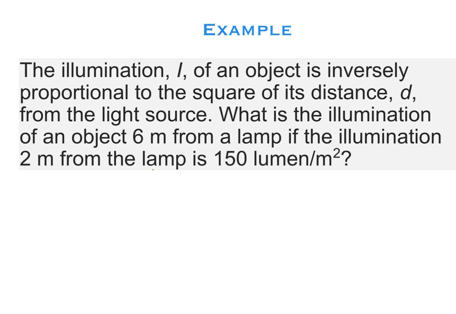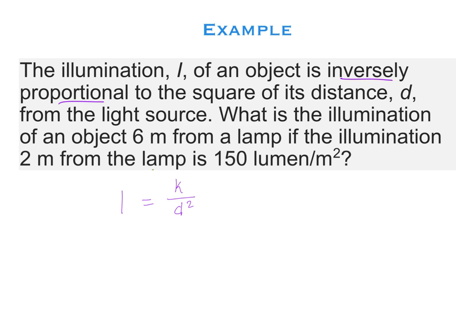So for this example, it says the illumination of an object is inversely proportional. That tells us we have an inverse variation to the square of the distance. So we have I is inversely proportional to the square of the distance.